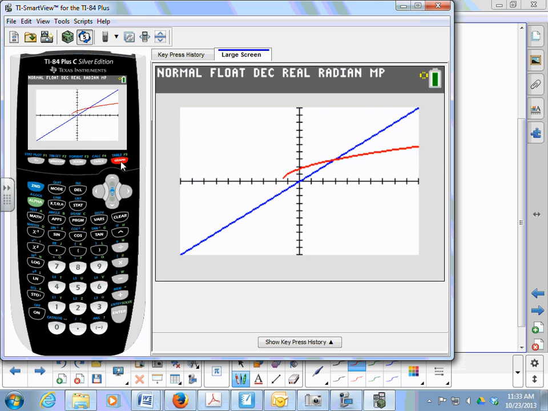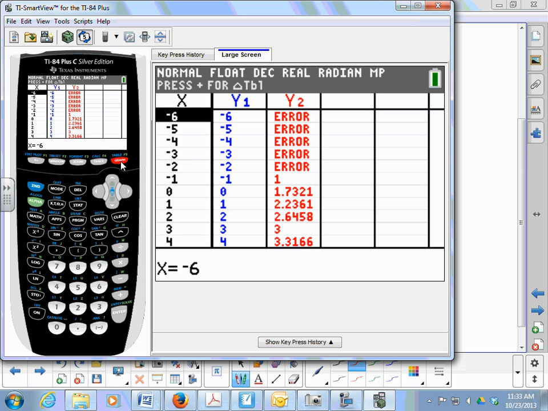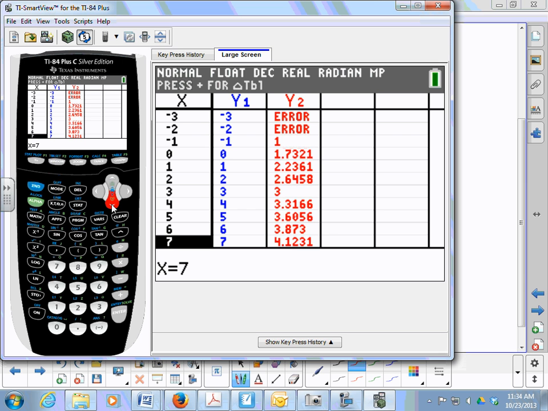So if I go to my table and look at it, I can see that at -1, y1 is -1, but y2 is +1. So they're not the same. So it couldn't be -1. At 3, they're both equal to 3. So 3 is a possibility then.